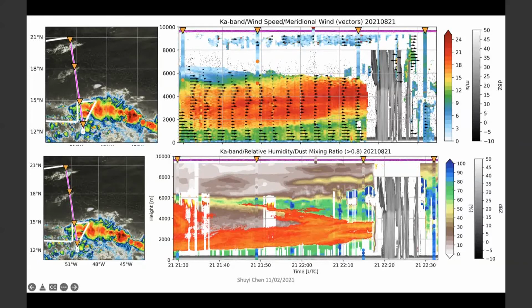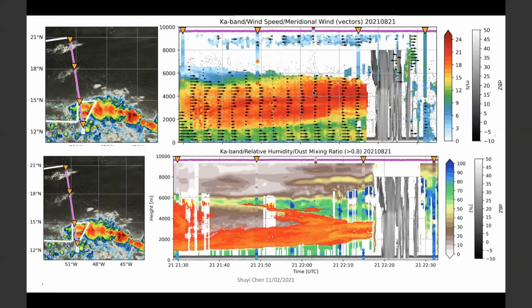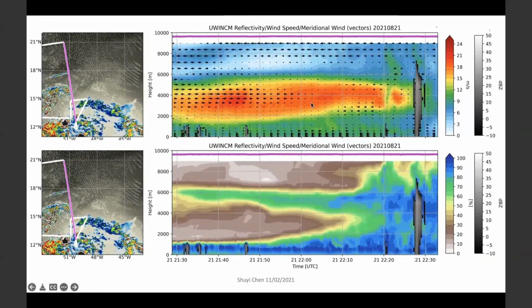And I want you to pay attention to these wind structures. We did use our real-time model runs. We do forecasts every day, so just make a comparison of the high-resolution model versus what we observed. And this is quite typical. The model we initialize with the ECMWF forecast every day, and our high-resolution model is able to pick up generally where the convection is, with some of the details missing.